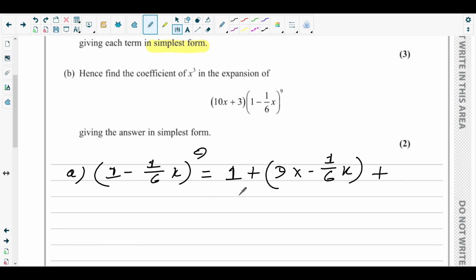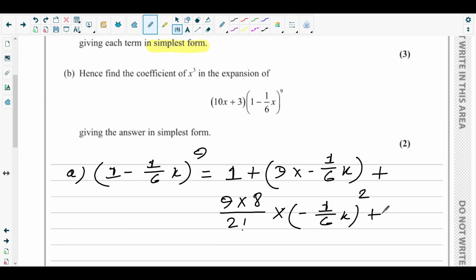Then plus, in the denominator it will be 2 factorial, so we need 2 factors in the numerator: 9 times 8, times the x squared term, where in place of x we have negative 1 over 6x, so negative 1 over 6x whole squared.